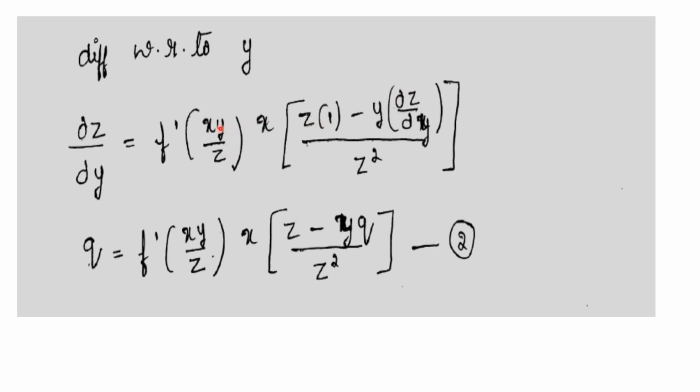Z into differentiation of y with respect to y is 1, minus y into differentiation of z with respect to y, dou z by dou y, divided by z square. Now on the left as well as right hand side, replace dou z by dou y as q. So you get q is equal to f dash of xy by z x into z into 1 is z minus y dou z by dou y is q divided by z square. So this is my equation 2.